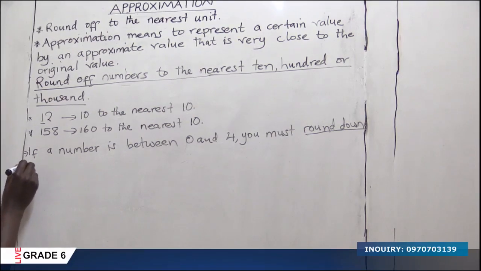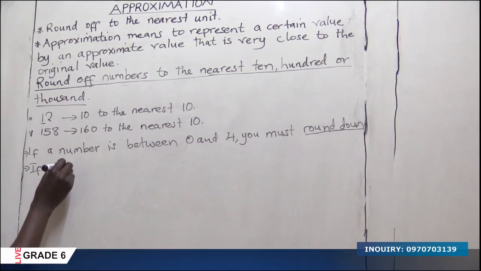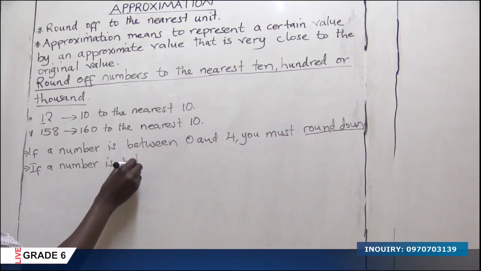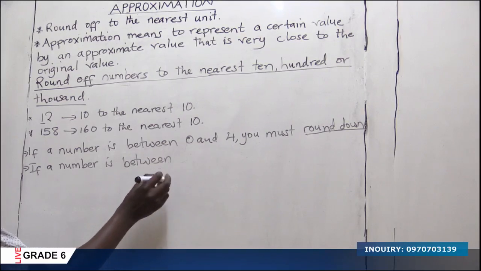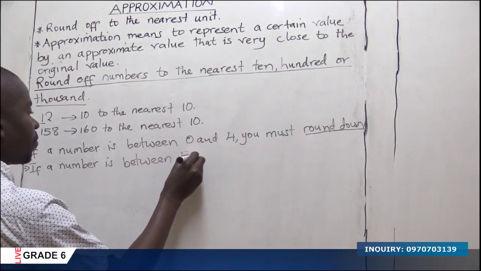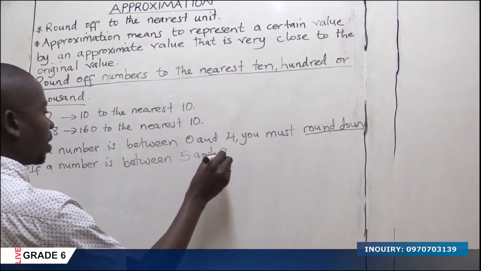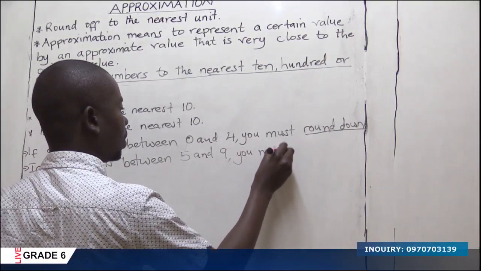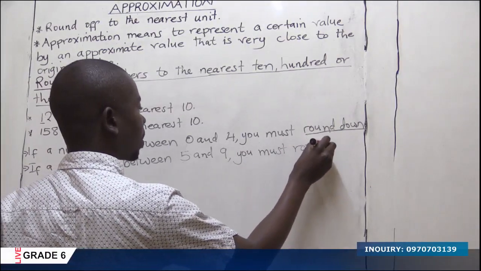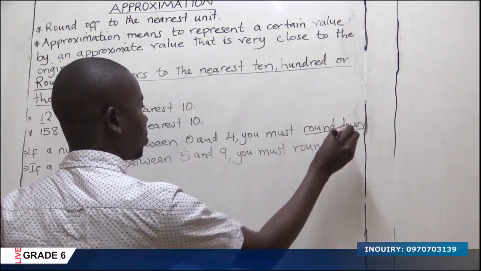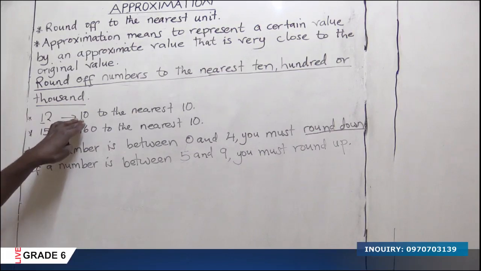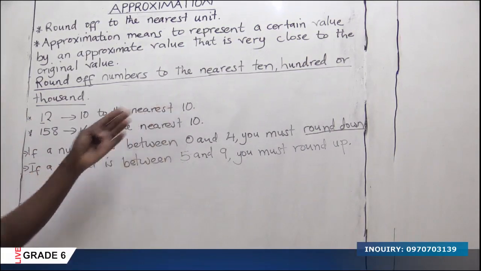And then if a number is between 5 and 9, you must round up. So an example of a number that we've rounded down is 12. We have rounded down to 10, which is the nearest 10. Why?